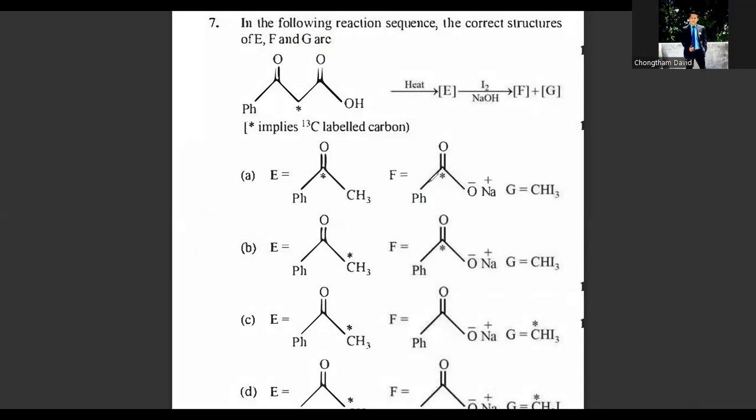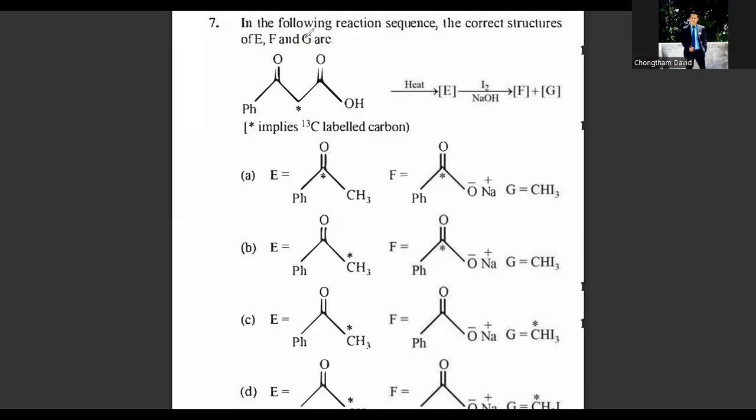In the following sequence, the correct structures of E, F, and G are. See, this asterisk implies it is isotopic carbon 13. So let us learn to draw the reaction, then we can come to the correct answer.